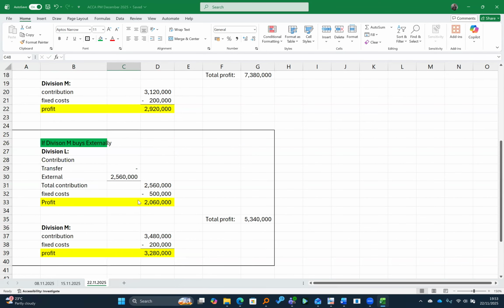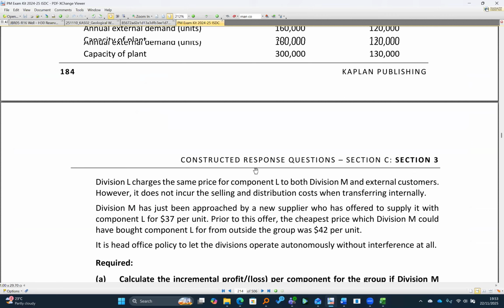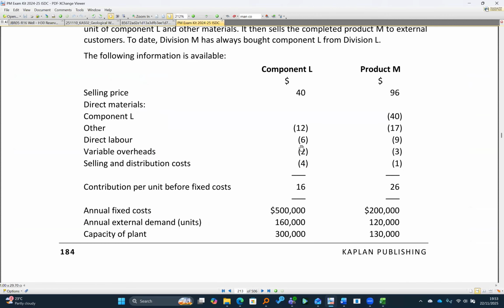If you look at division L, it incurs, as we said, $20, and then it makes a contribution of 16.